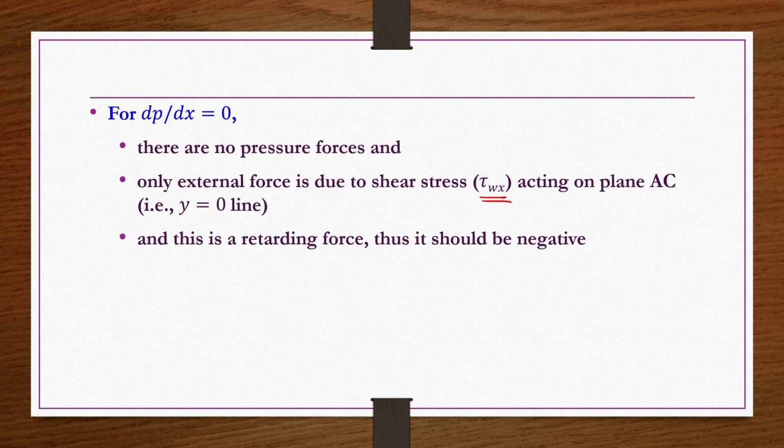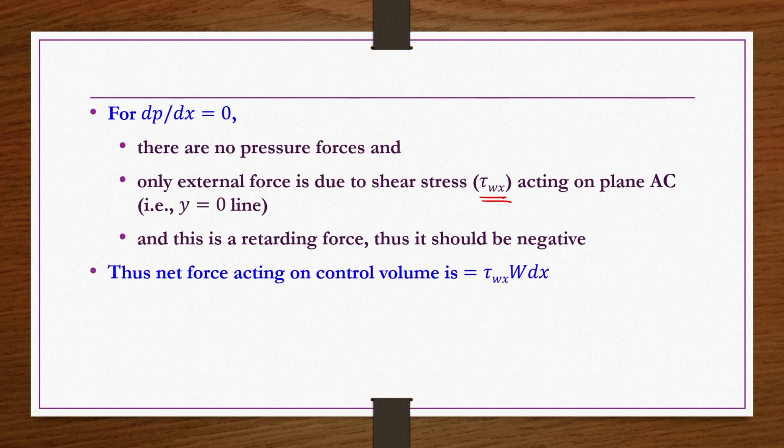This is a retarding force, thus it should be negative. So both at BD and AC planes, the momentum terms are negative. Thus the net force acting on the control volume would be tau Wx W dx, as described in the figure.